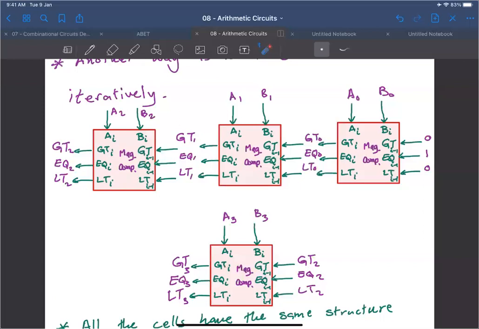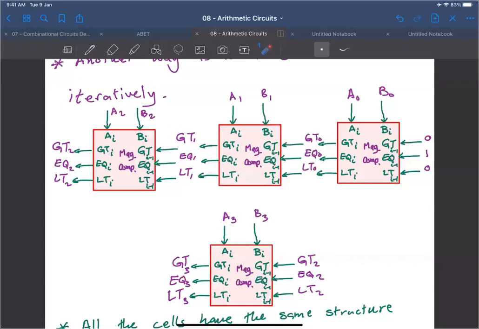So you can also infer a problem with what we call the delay of this design. This design has a greater delay than the other design, because the signal has to propagate from here all the way to here. Imagine that you have a 64-bit magnitude comparator.